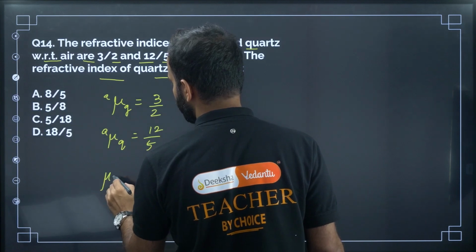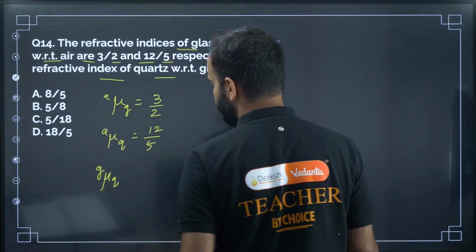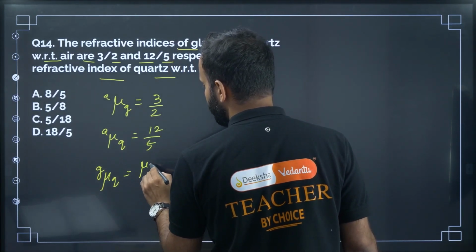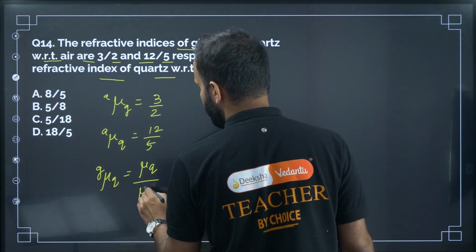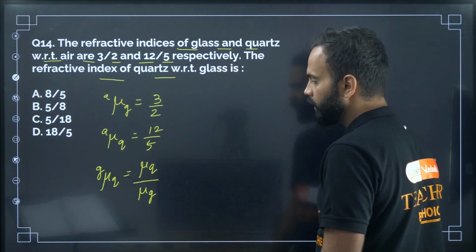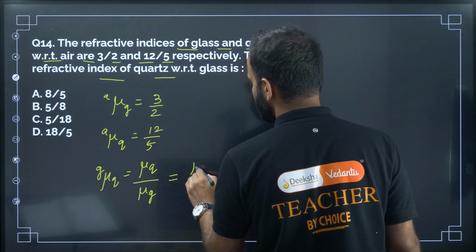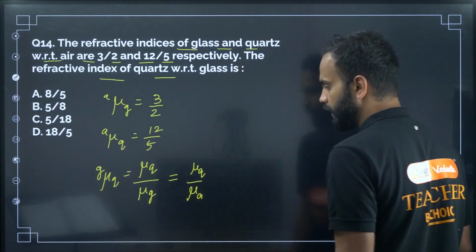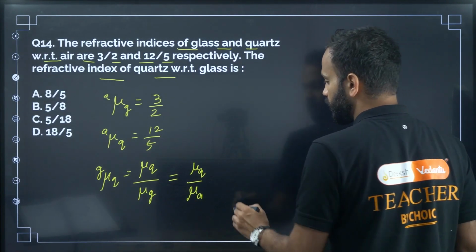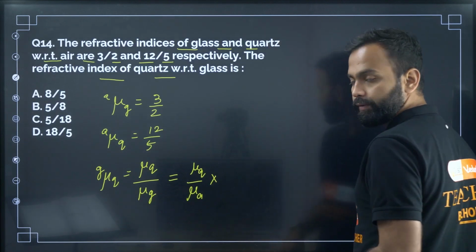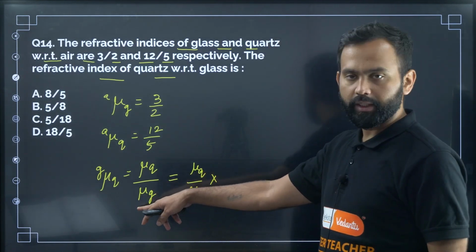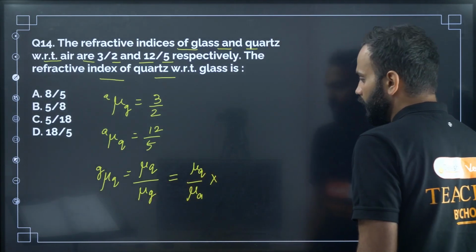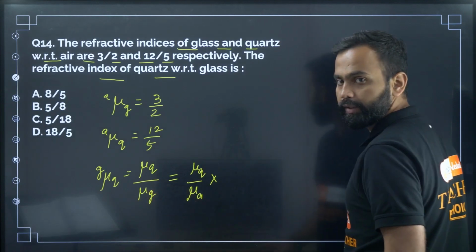Which is equal to the refractive index of the quartz divided by the refractive index of the glass, that is, refractive index of the quartz by refractive index of the air, divided by refractive index of the glass by refractive index of the air.